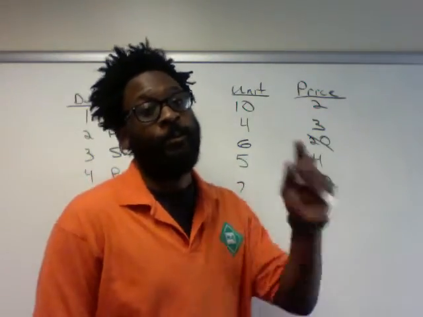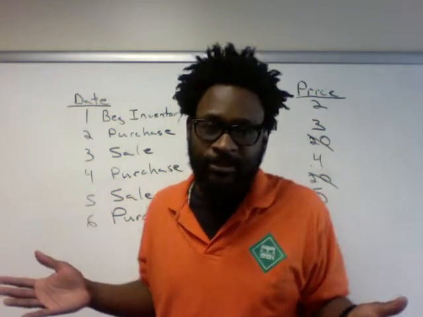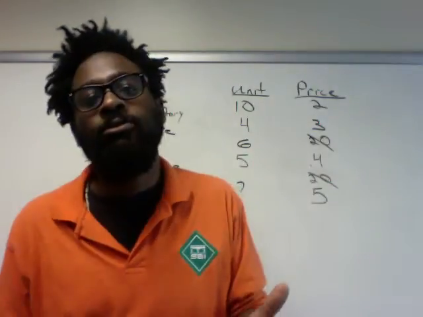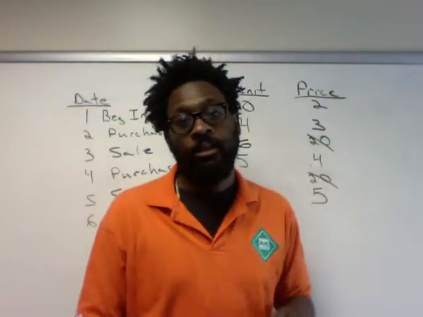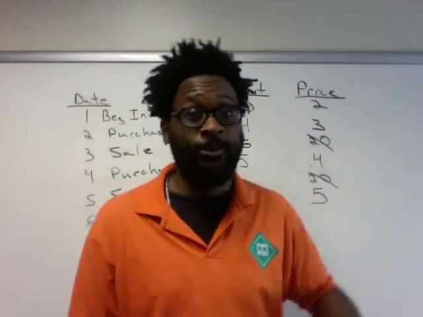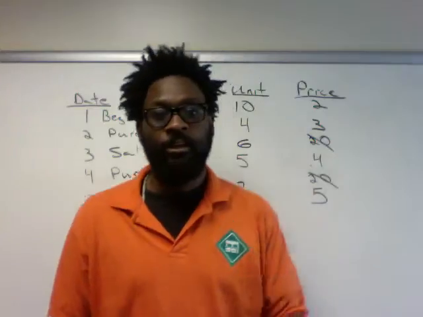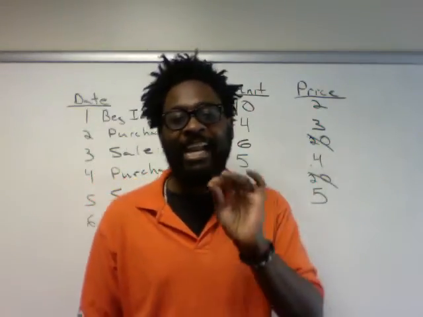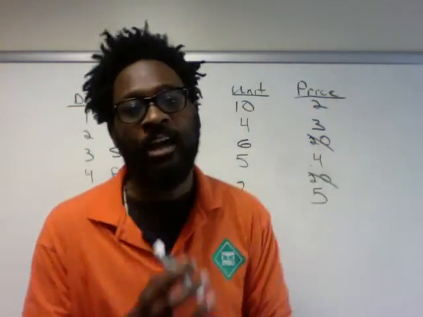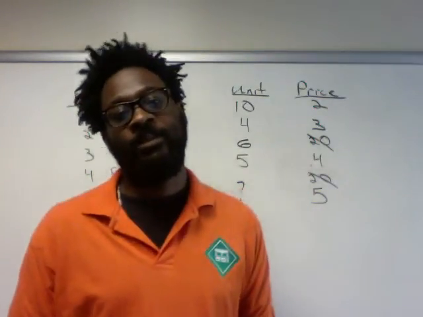Now, because of the nature of the mechanics of the formulas, we only have to reintroduce two methods. The other two methods, even if we applied to them the same way as we would perpetual, we're going to get the exact same answers. So what two methods do we not have to worry about? You never have to worry about FIFO, and you never have to worry about specific identification.